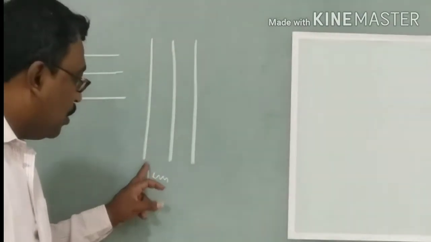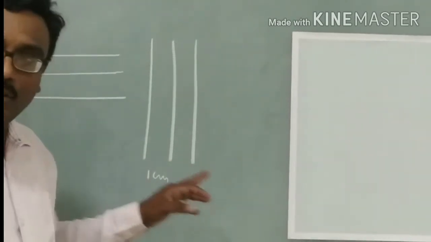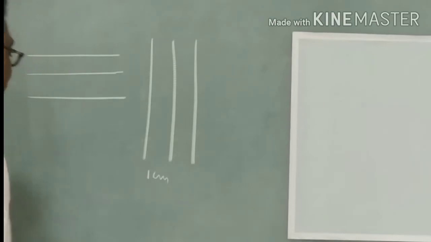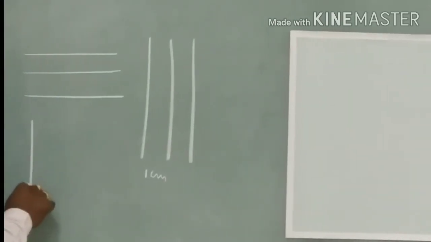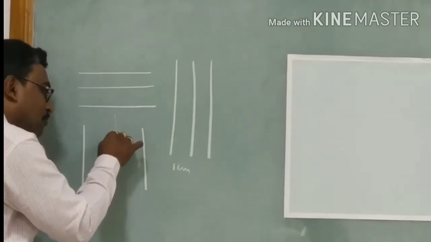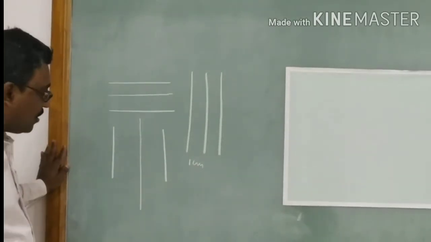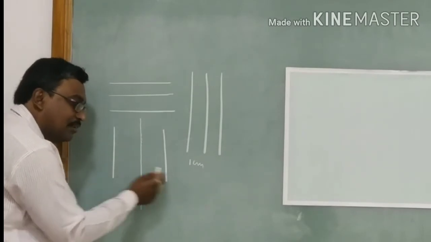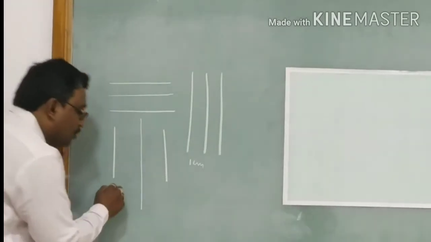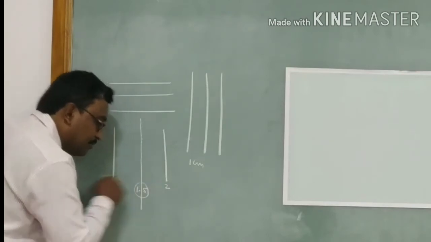Now, if you zoom in or magnify the two vertical lines or two horizontal lines, there will be one more little dark line. Then it divides the two vertical lines into two equal parts. Okay, suppose if it is 1, then it is 2, then it is 1.5.